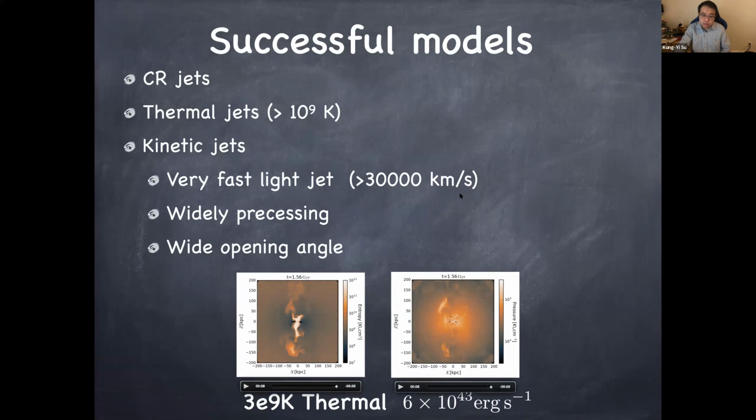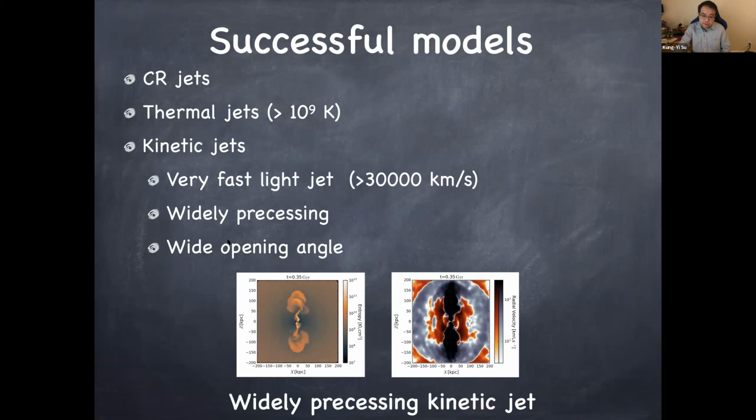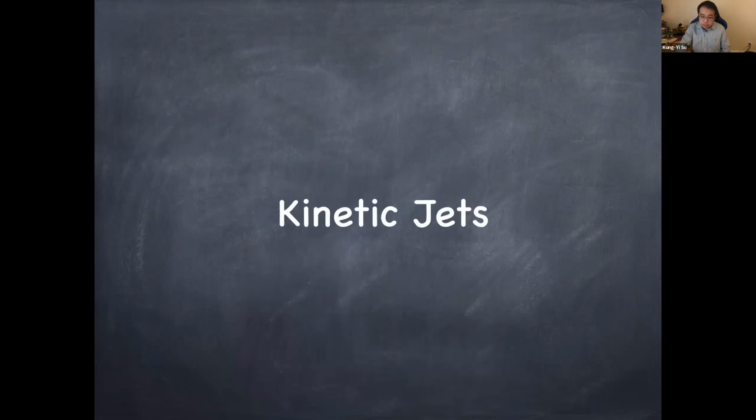This is a thermal jet case. And there's also possibly a very fast kinetic jet, a wide precessing kinetic jet, and the wide opening angle kinetic jet category. This is an example that we have with a wide precessing kinetic jet, with a 45-degree initial precession of the kinetic jet. I'll talk in a bit more detail about each one of them.